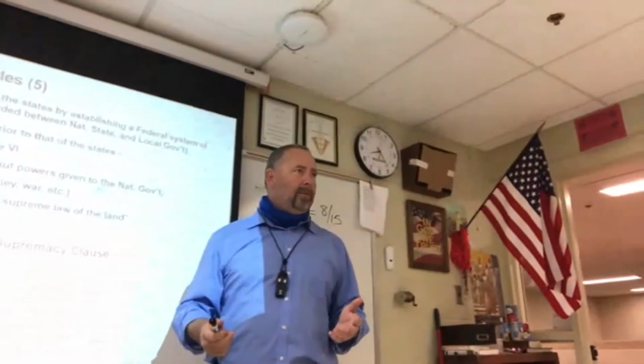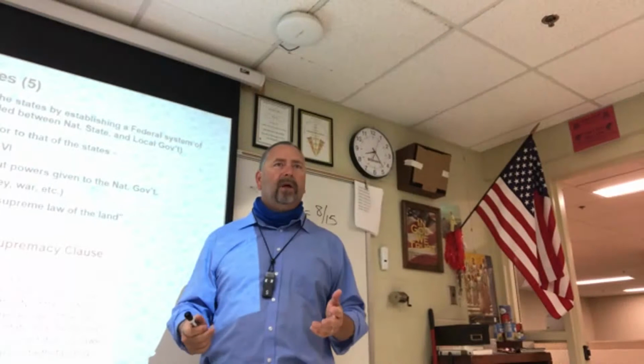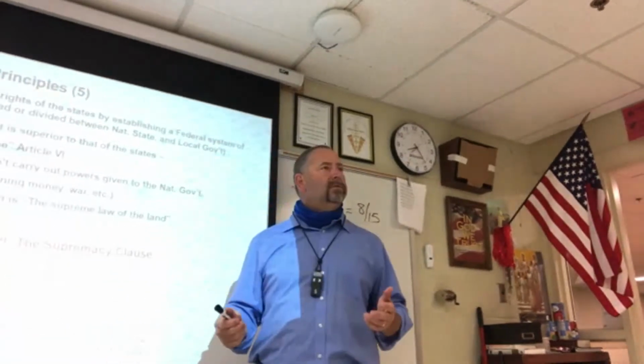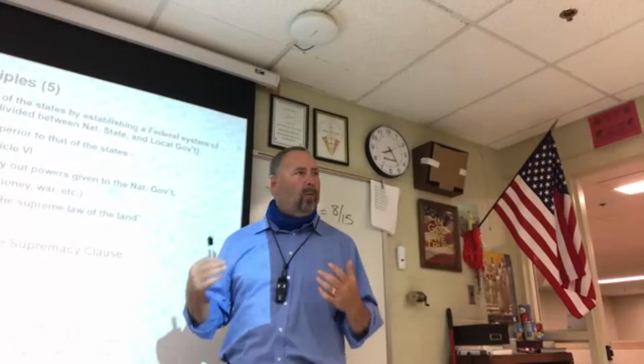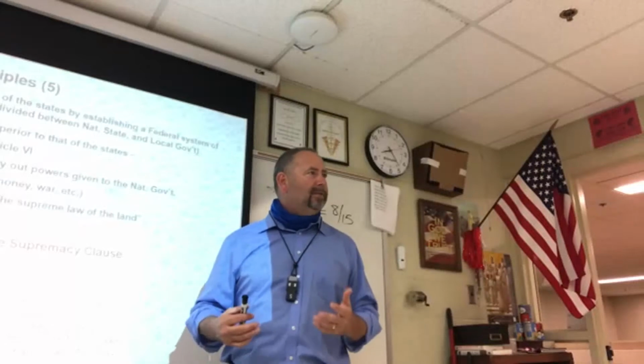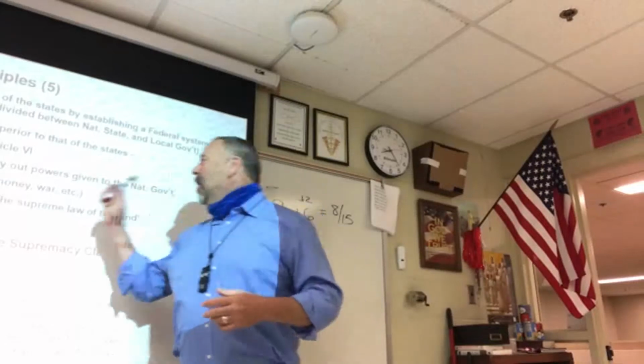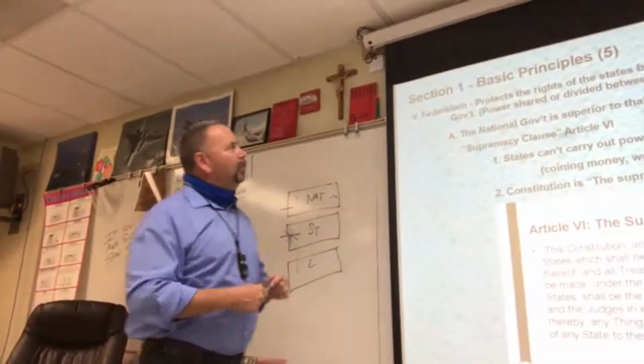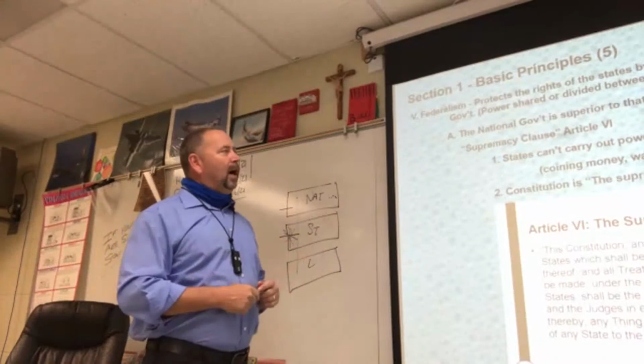Only the national government can print money, coin money. Okay? Kansas cannot declare war on Canada. As much as we may want to, we can't. Only Congress can declare war. So that's pretty basic.